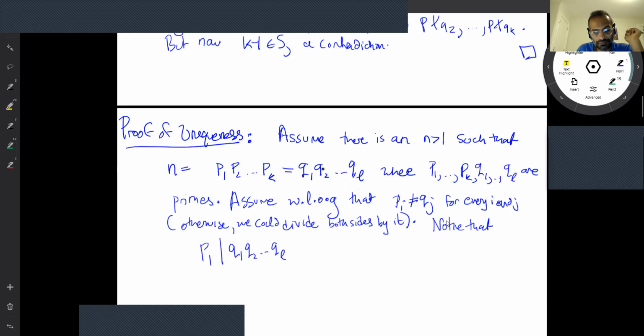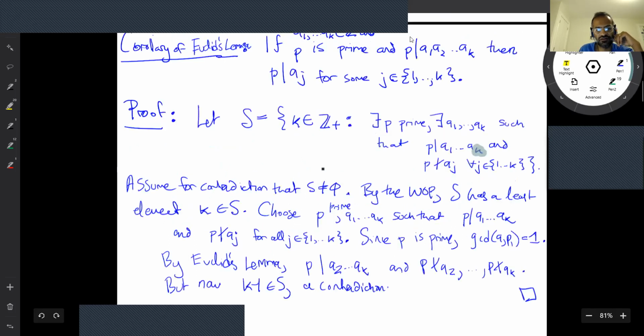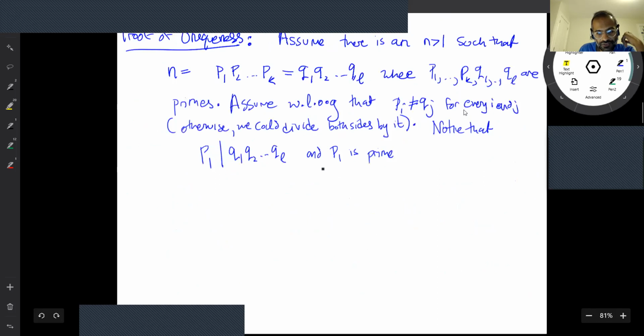And P1 is prime. So now what does the corollary tell us? That we have a prime dividing a product of a bunch of numbers. It has to divide one of them, right? So by the corollary, P1 divides Qj for some j.